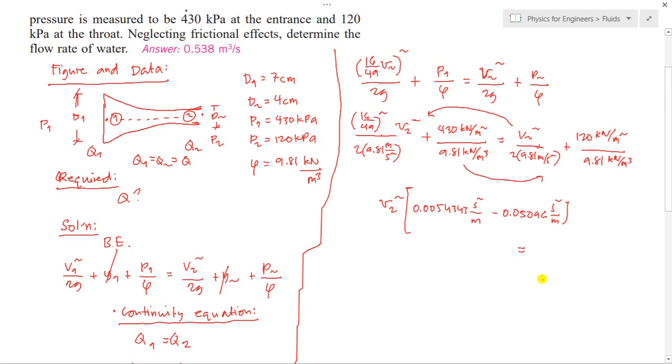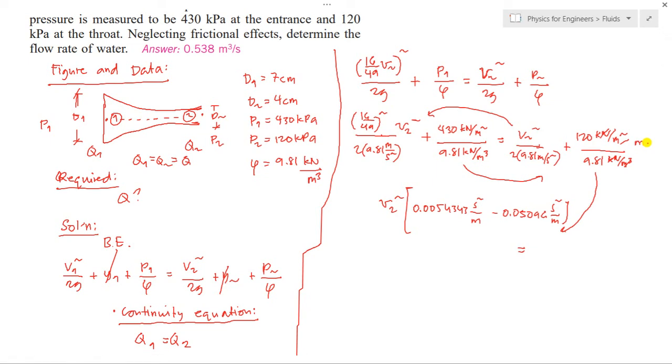the difference of pressure. So this 120, the kilonewton cancels, and the resulting unit is in meters. That is 120 divided by 9.81.